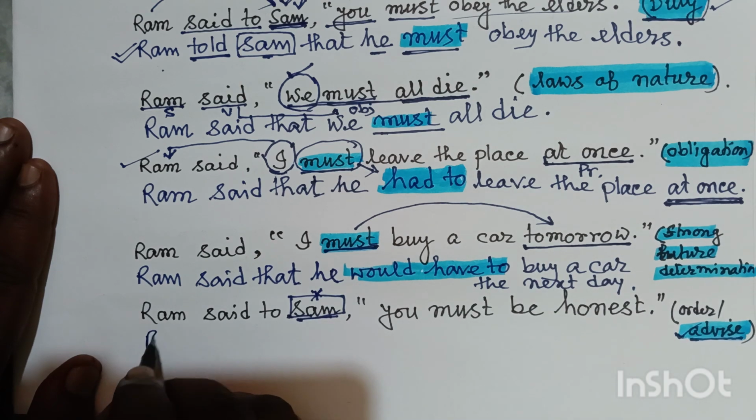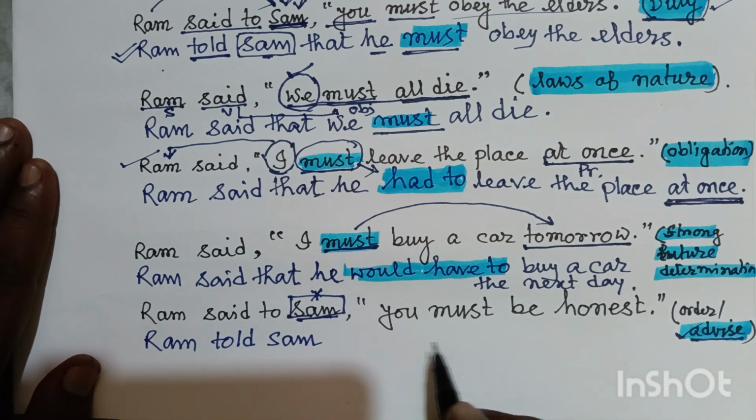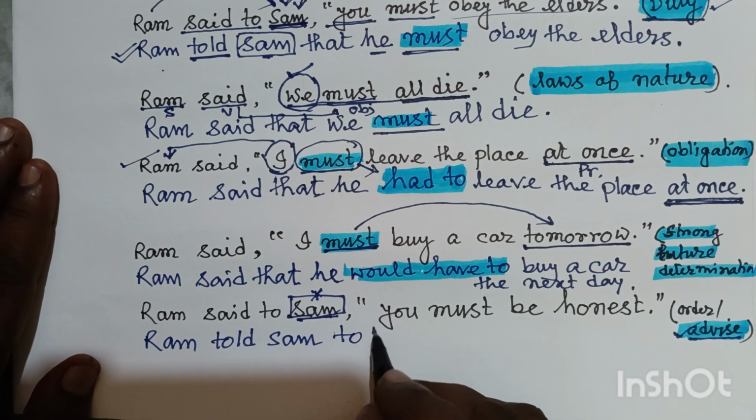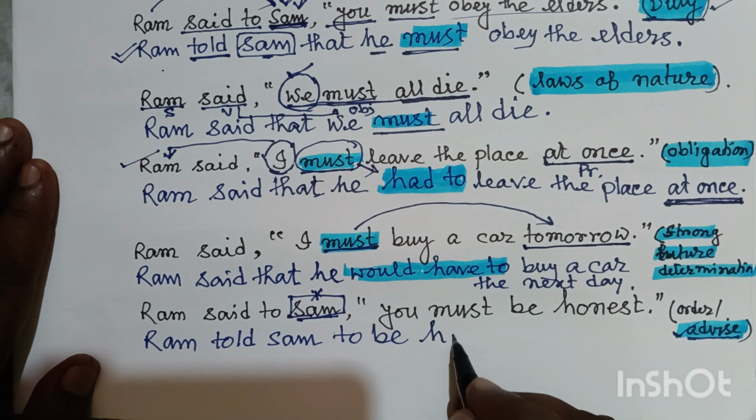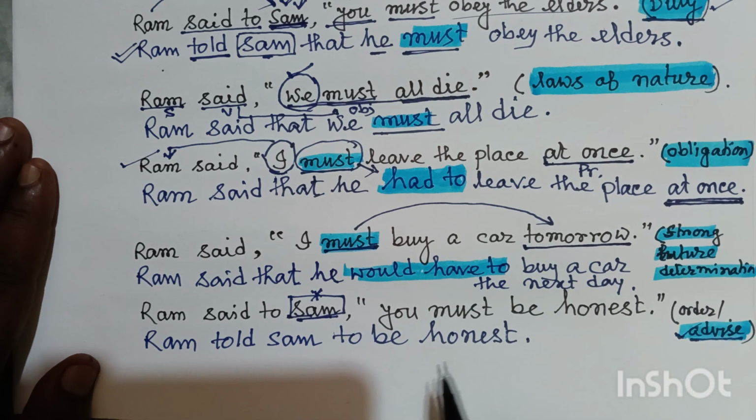Friends, here we have to write down Ram told Sam to be honest. Or here we can write down advised.